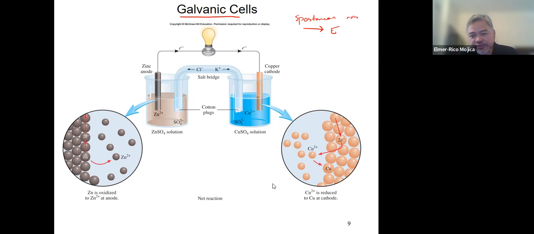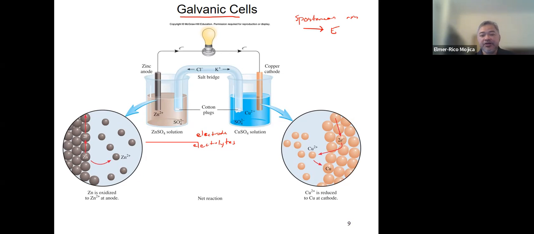So if you have what we call a galvanic cell, these are the usual things that you can see in a given galvanic cell. Okay, so you have electrolytes wherein an electrode is dipped. Usually the electrolyte is the ionic form of the electrode, which is the metal.